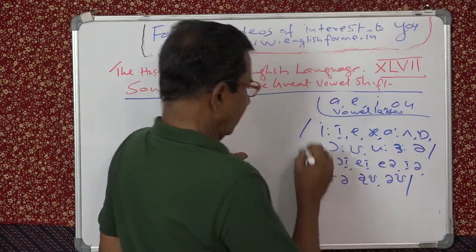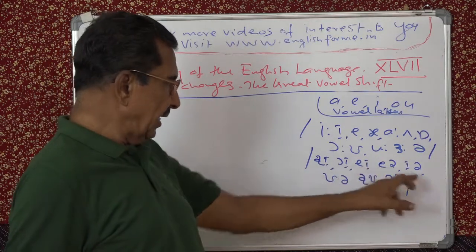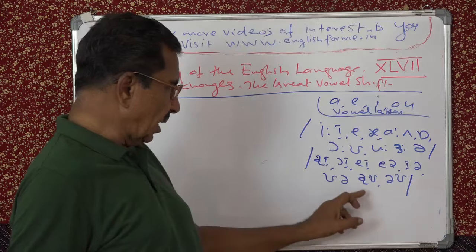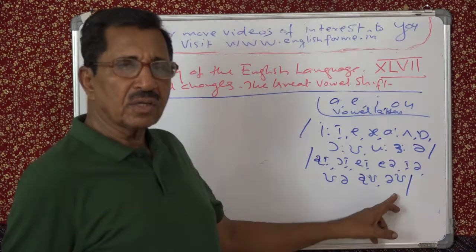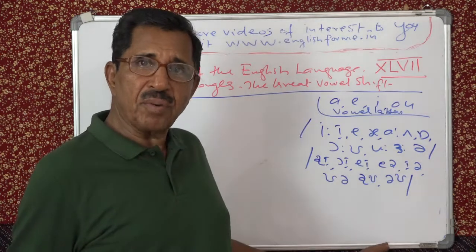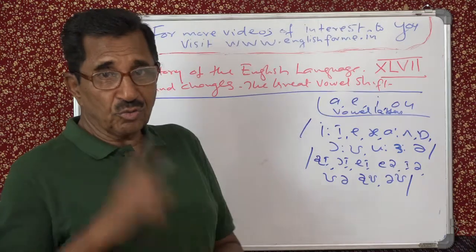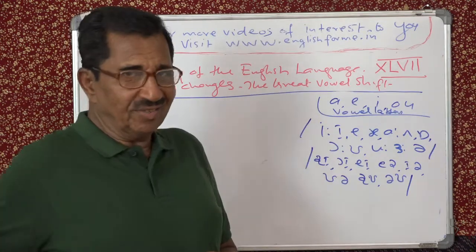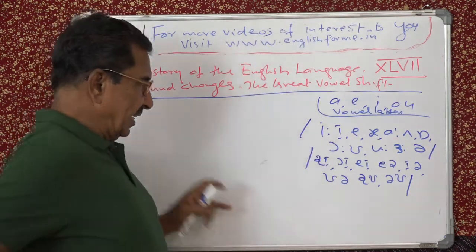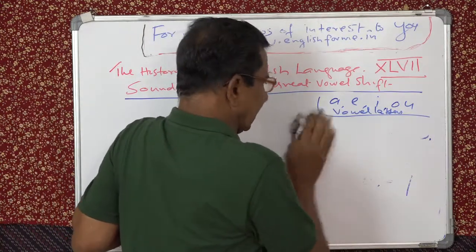Correct. Like fight, boy, there, here, poor, cow, post. Don't say post, but a post. So these are the vowel sounds in English: 20 vowel sounds, 12 pure and 8 diphthongs. I think that much is clear.